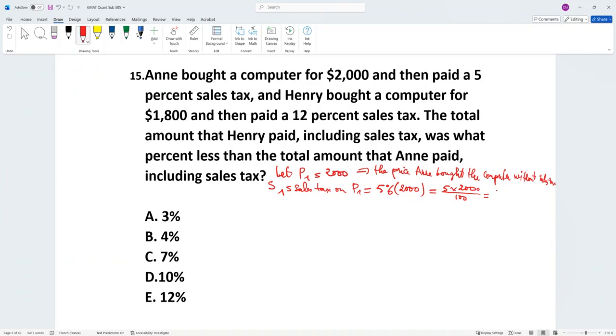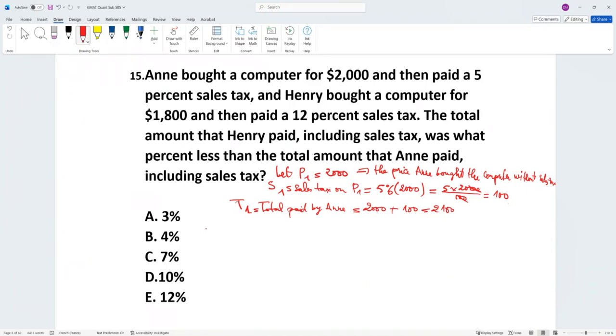Then this will give us 100, because we remain with 5 times 20. And we can say that the total T1, the total paid by Anne, is equal to 2,000 plus the sales tax, which is 100, then 2,100.